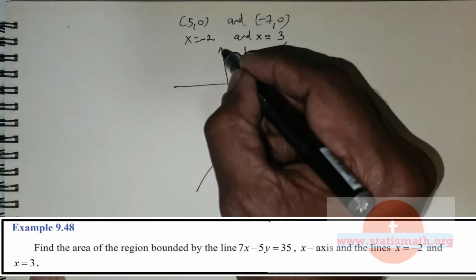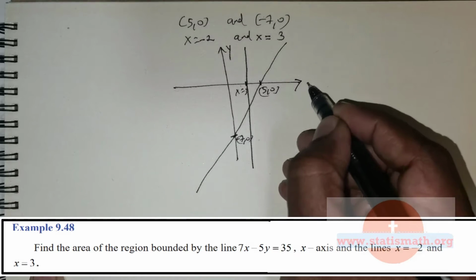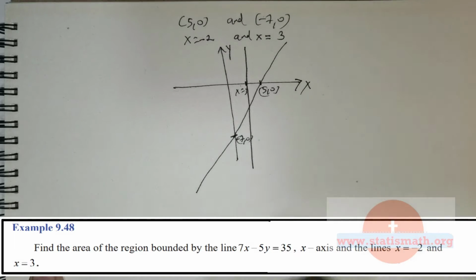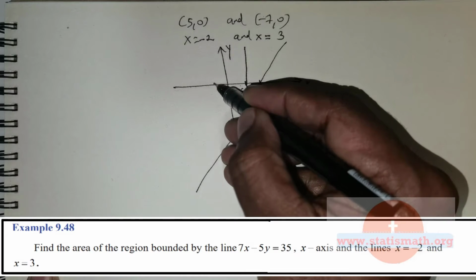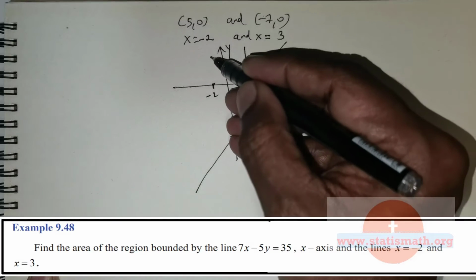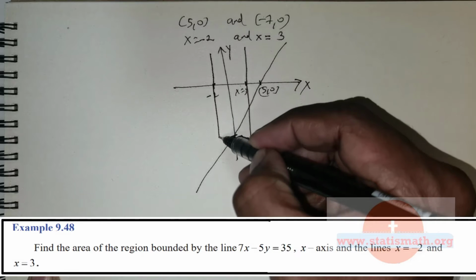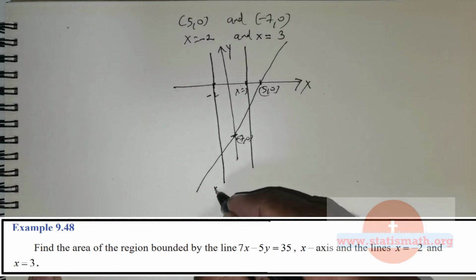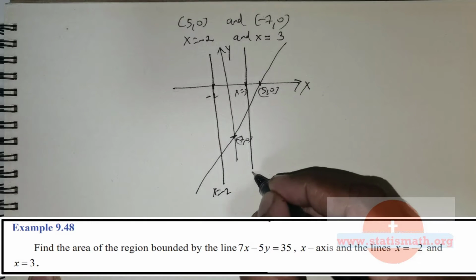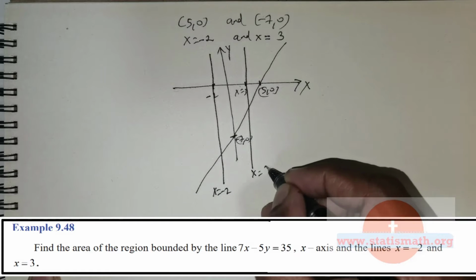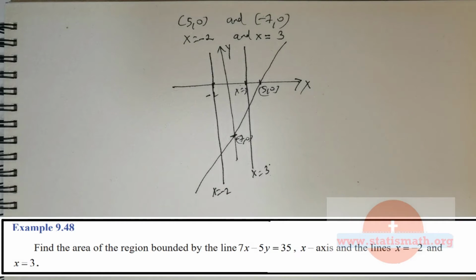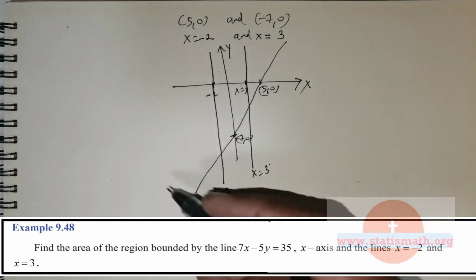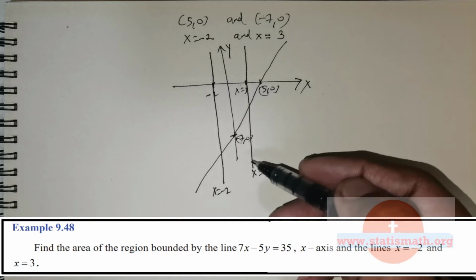Okay, so this is the y-axis and this is the x-axis. So let this point be -2. So this is x = -2 and this is x = 3. Okay, don't scale the graph.